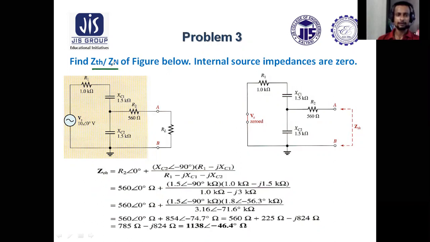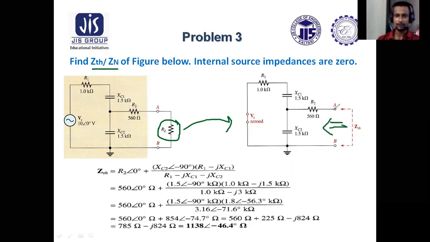So calculated value of ZTH and ZN will be same. So how to find ZN for the given circuit? Here this is RL. So first we have removed the load, and we'll look back into the network from open circuited load terminals.